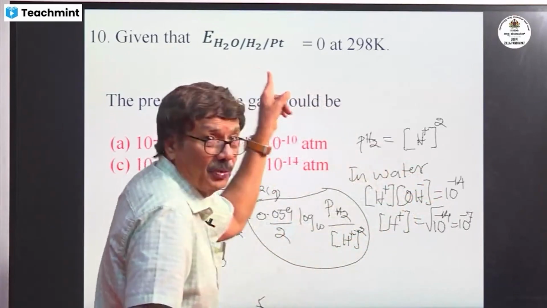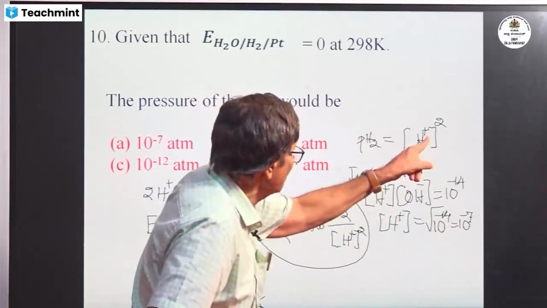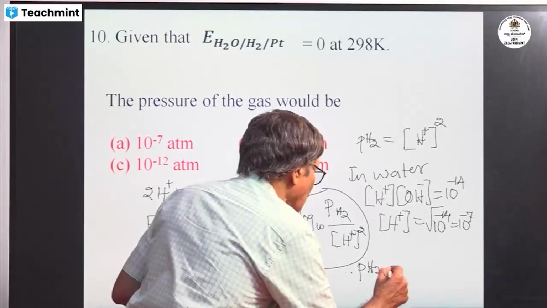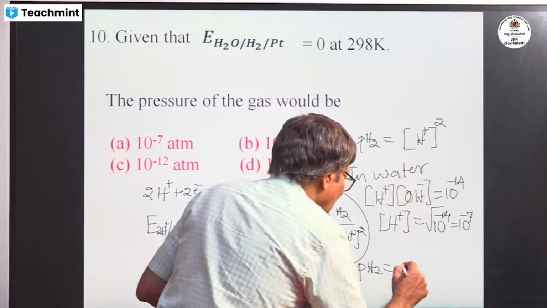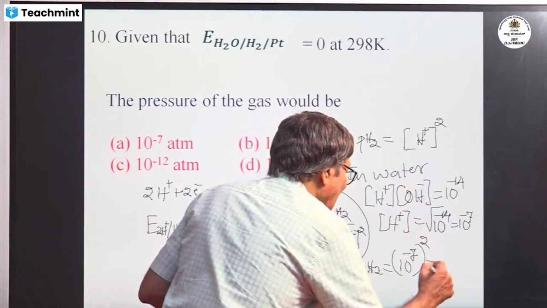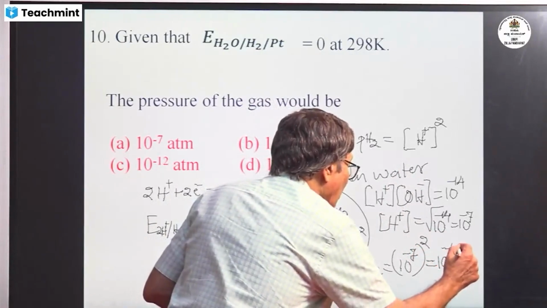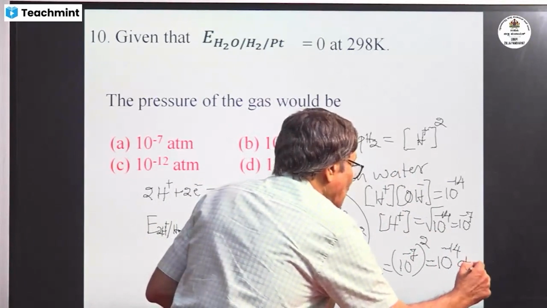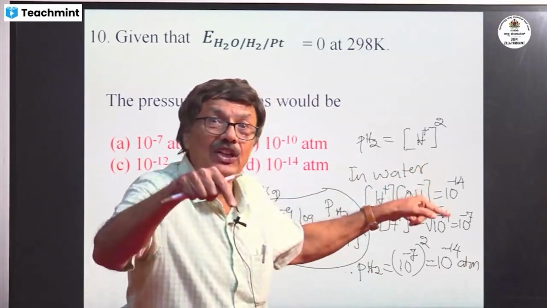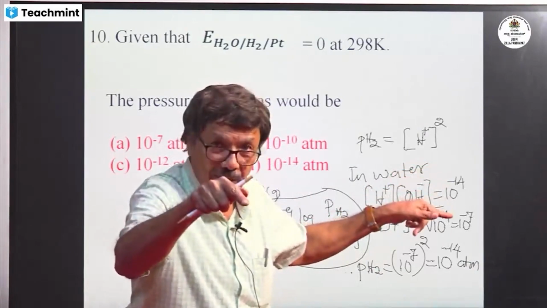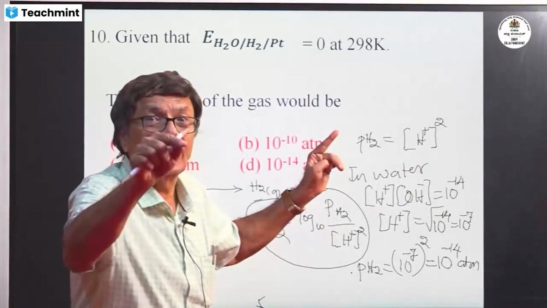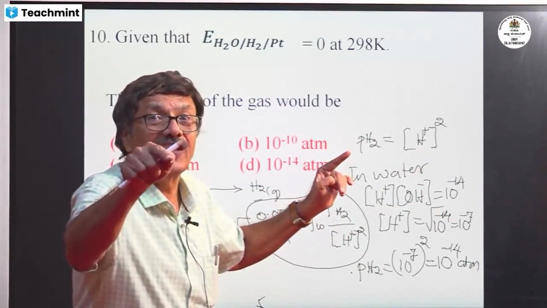What they have taken is pure water, so you substitute this there. Therefore, the partial pressure of hydrogen should be the hydrogen ion concentration 10 to the power minus 7 squared, which is 10 to the power minus 14 atmosphere. So if the pressure of hydrogen is 10 to the power minus 14 atmosphere, though it is dipped in water, this hydrogen electrode will give a potential of 0 volt.